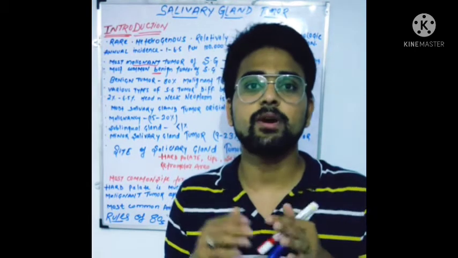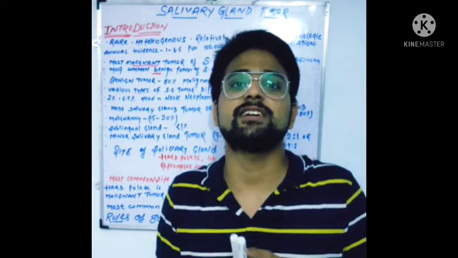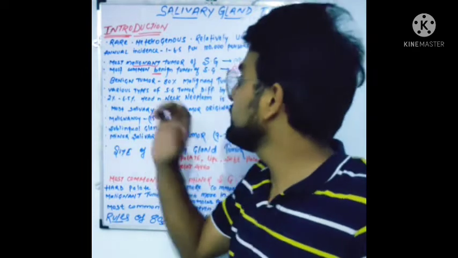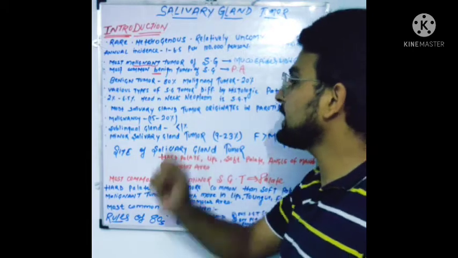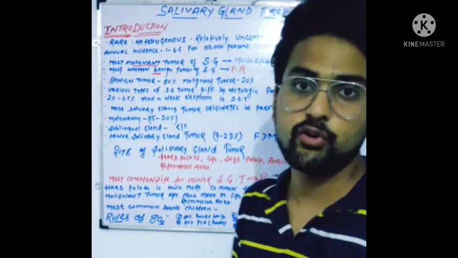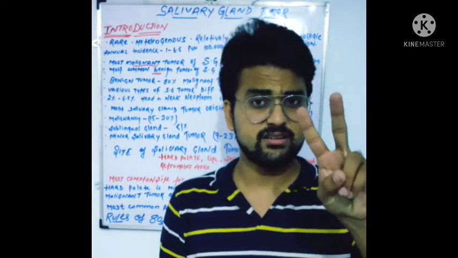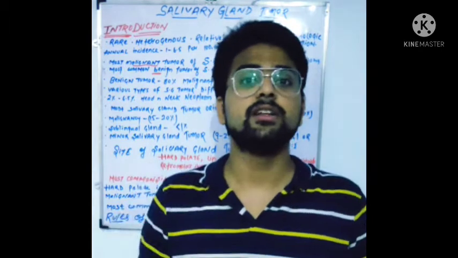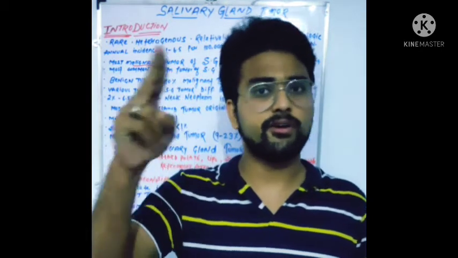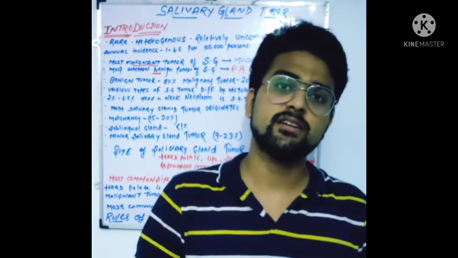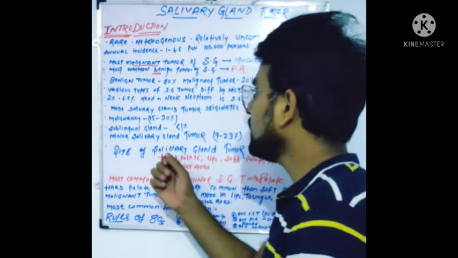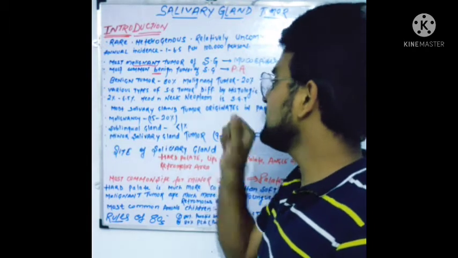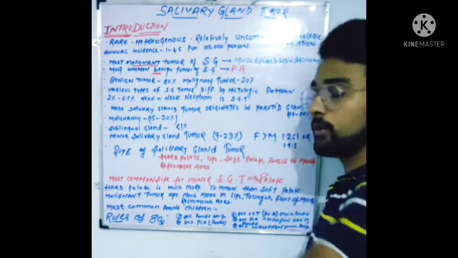The salivary gland tumor has a very wide histological variance, and you should know that 2 to 6.5% of head and neck neoplasms are salivary gland tumors. Just 2% out of the 100 tumors in the head and neck will be a neoplasm of the salivary gland. Now, most salivary gland tumors originate in the parotid gland.